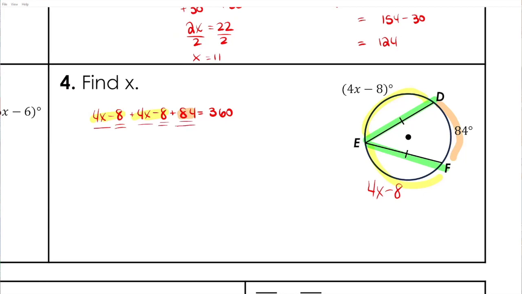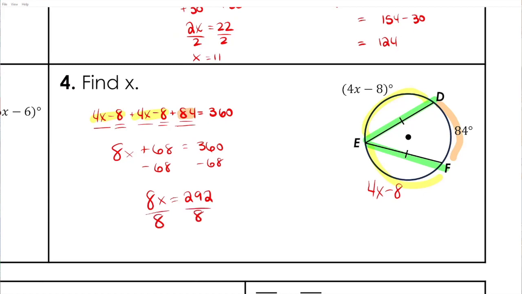So 8x, 84 minus 16, 68, thank you, is 360. So now we're going to subtract 68 from both sides. So 8x is 292. And then divide by 8.